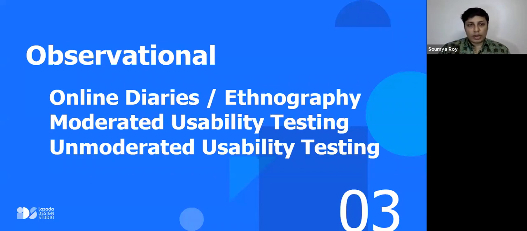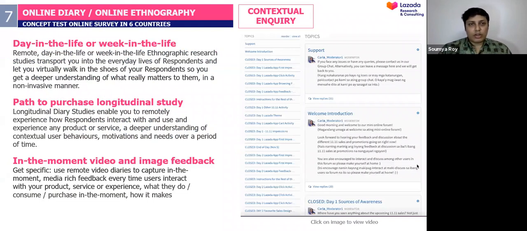So next is observational, where we have online diaries, moderated usability testing, or unmoderated usability testing. In online diaries, we did a concept test online survey in 6 countries, where we wanted to know the path of their decision making, from decision to purchase.